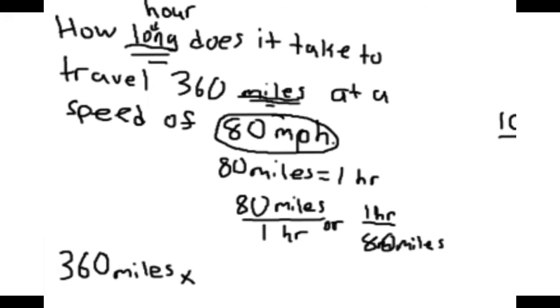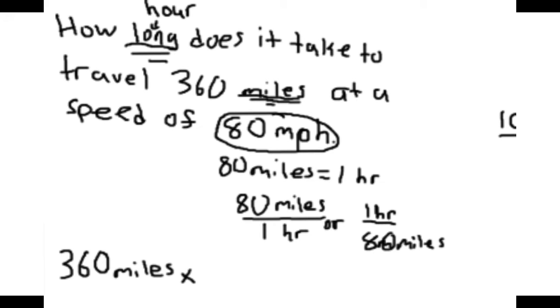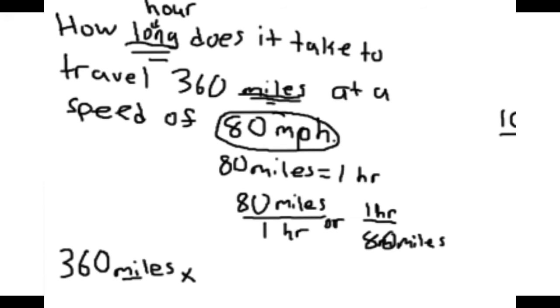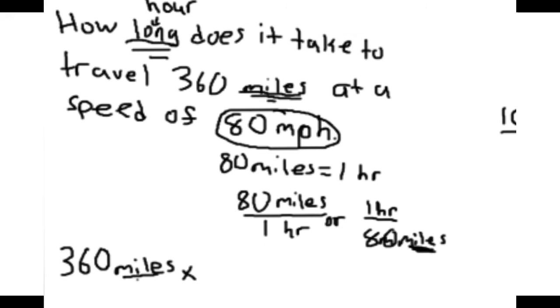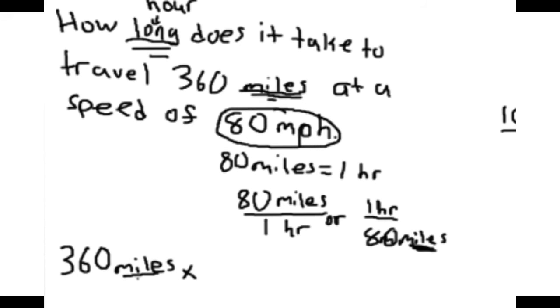So we're going to multiply it by one of the conversion factors. Now, the way you determine which conversion factor you use depends on your units. So if we're starting off with miles, we want to select the conversion factor that has miles on the denominator. And the reason why is because when we have miles on the top and miles on the denominator, then that's when miles cancels out and we'll be left with hours.